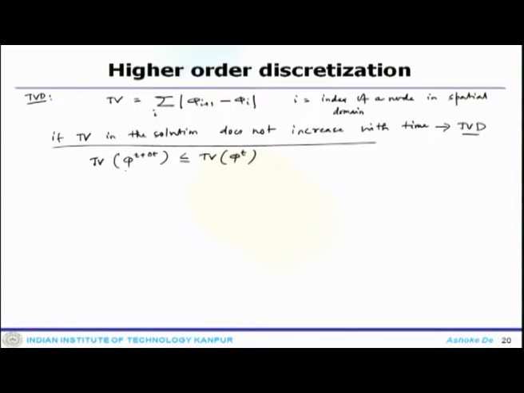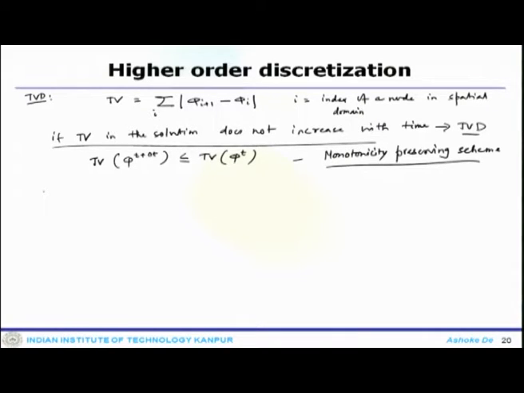So, this is a monotonicity preserving scheme. TVD schemes are all monotonicity preserving schemes. Unless the monotonicity is preserved, this actually loses the property of the higher order resolution with stability.